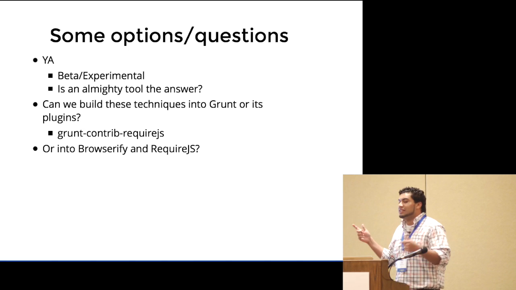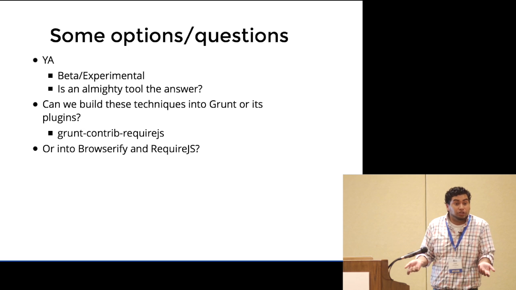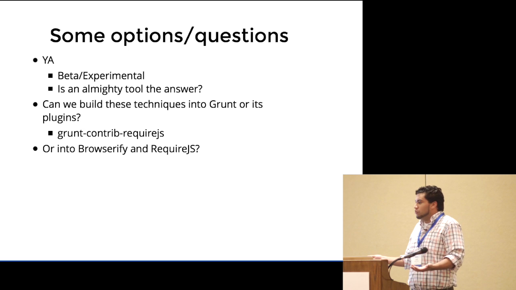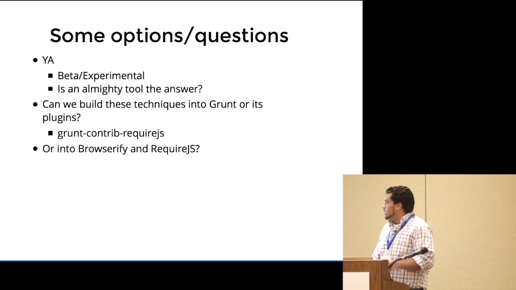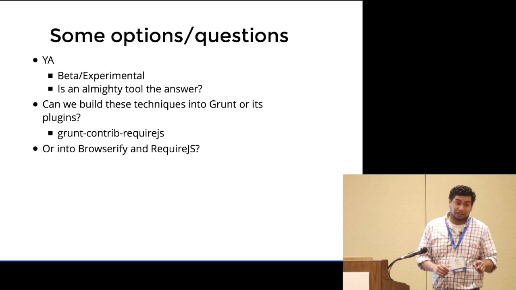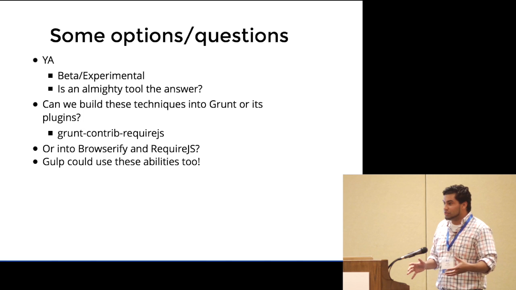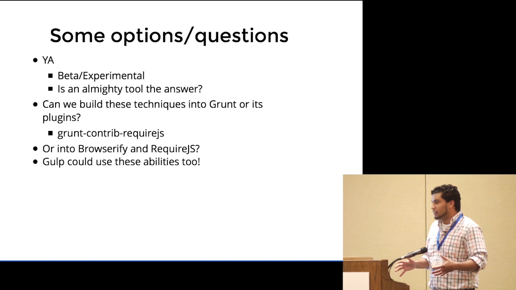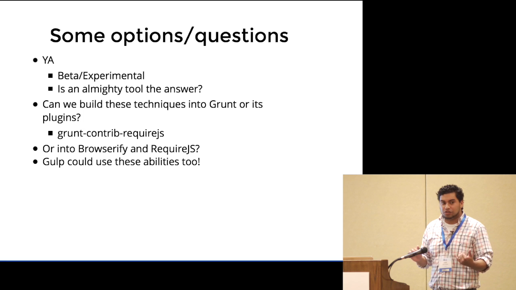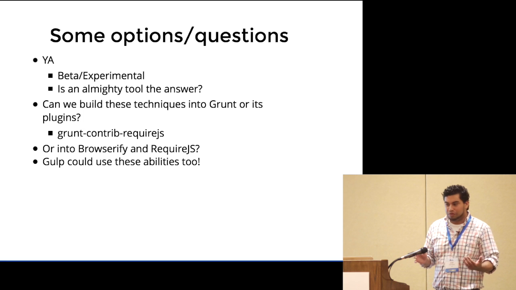Can we build this idea into grunt-contrib-requirejs to auto-determine what the roots are? Can we build it into Browserify? What's really exciting is that Gulp can also use these techniques, and Broccoli. And imagine having Gulp generate its own Gulpfile. Gulp is super fast.